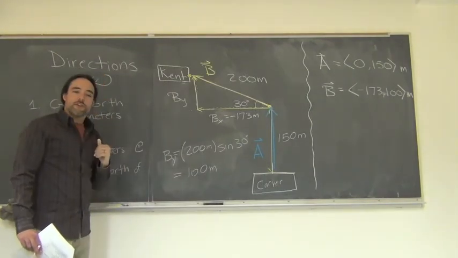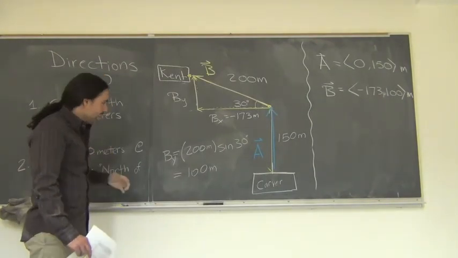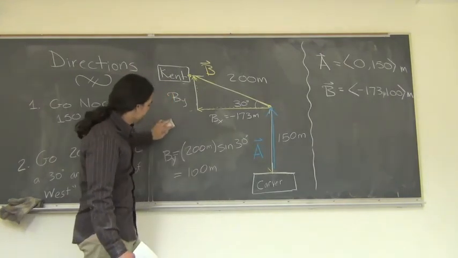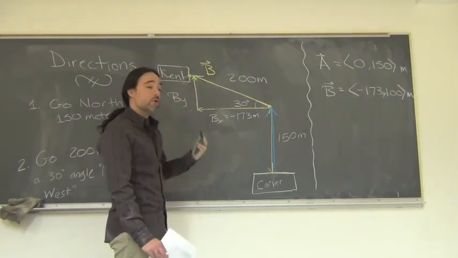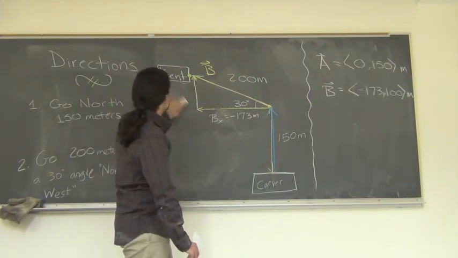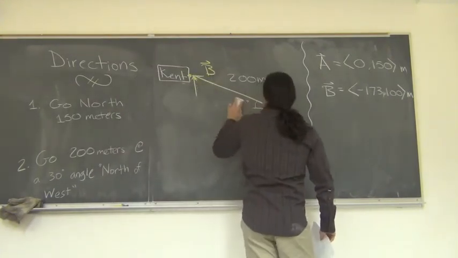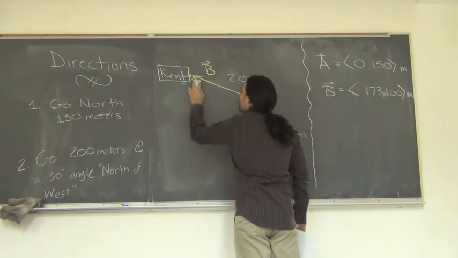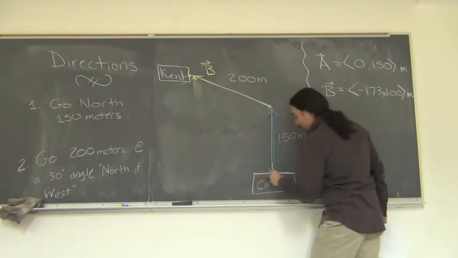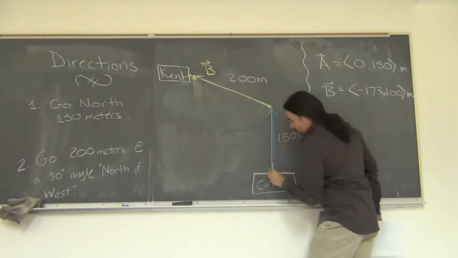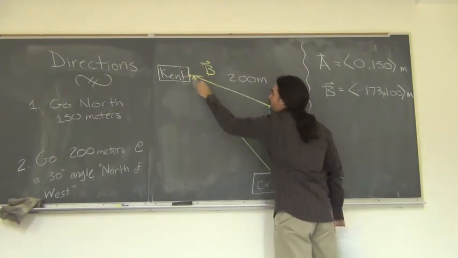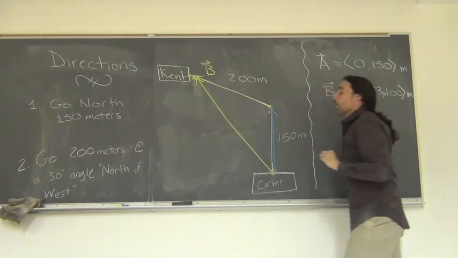Well, what's my resultant vector? If I am just concerned with where I start and where I finish, what's the net result of my motion? Again, I start here, end here, so I've got a vector going up like this.